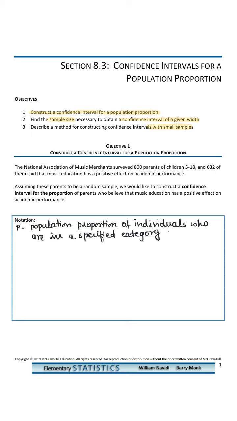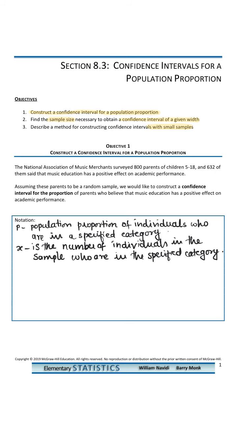P is the population proportion of individuals who are in the specified category. X is the number of individuals in the sample who are in the specified category. N is the sample size.